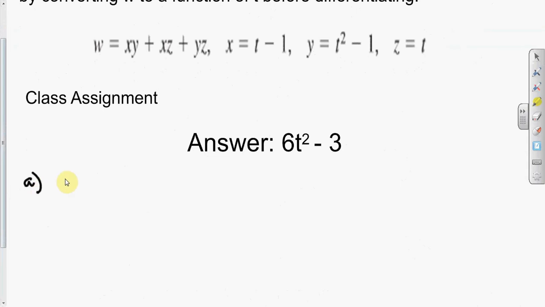So use this chain rule formula. We're looking for dW over dt. It's the same formula from the previous problem.